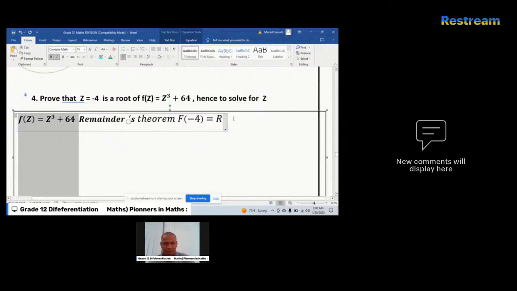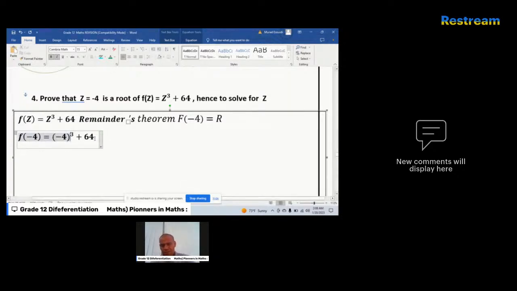Therefore, learners, I will just write it here, f of -4, because the question is to prove that z equal -4 is a root of f of z. I will just replace z with -4, then I will erase this one.